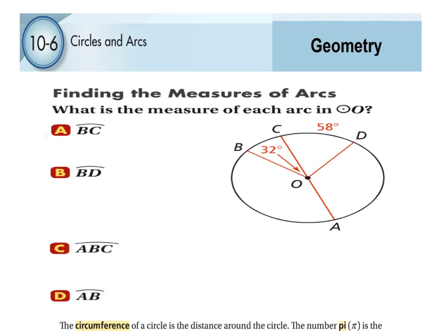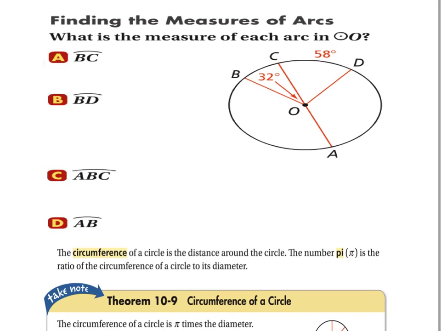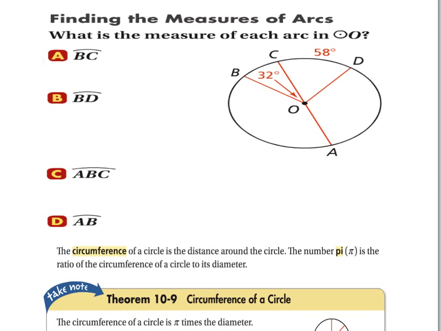Okay, let's find some measures of arcs here. What's the measure of each arc in circle O? Arc BC. Arc BC is from B to C right here. And you're looking to see, in this case, is there a central angle? Well, there is. The central angle is 32. Again, the central angle is right here. It's 32. Then, therefore, the arc also has a measure of 32 degrees. Okay?